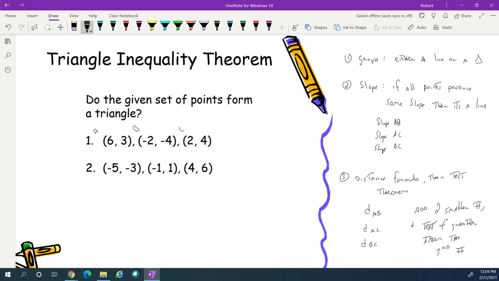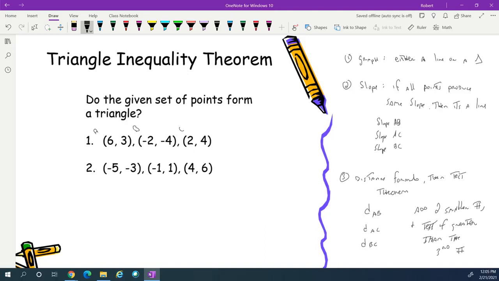An alternative is to use slope. It's impossible for a triangle to have parallel lines. If you get two slopes that are the same, then that means they're either parallel or physically the same line. Again, in a triangle, all three sides are going in different directions.